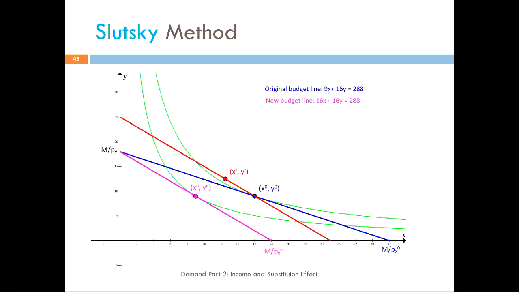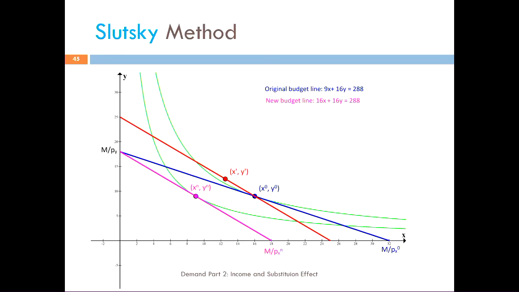Okay, so diagrammatically, visually, we'll give them just enough income such that at the new prices, they can consume the original bundle. So this hypothetical budget line is using the new prices, so it's parallel to the new budget line, right?